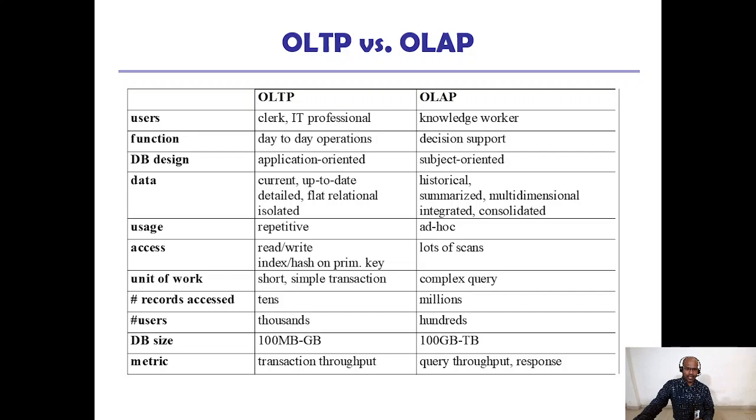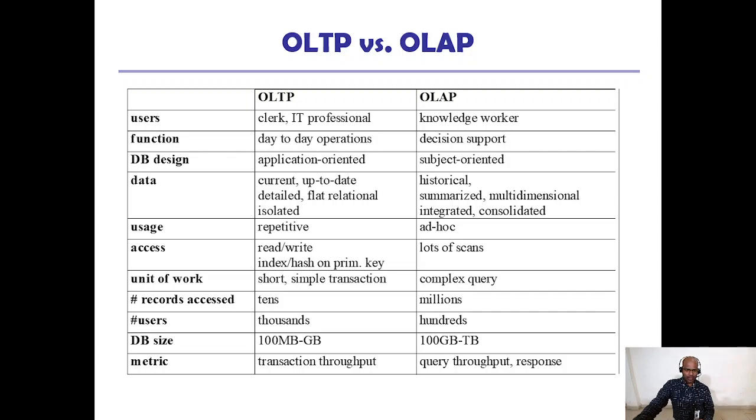The data in the OLTP transactions are current data and up to date data. It is detailed and flat, relational and isolated, whereas the OLAP data is historical and summarized, multidimensional, integrated and consolidated data.